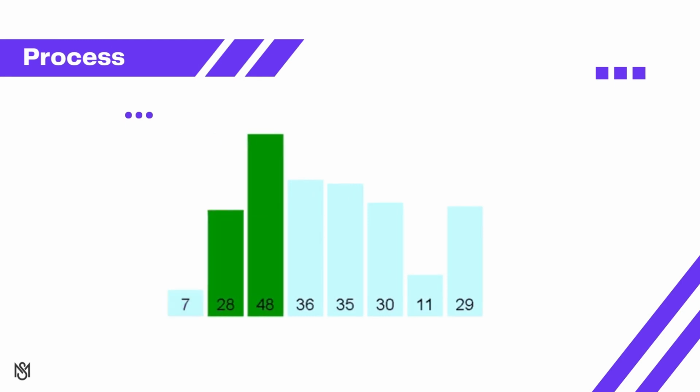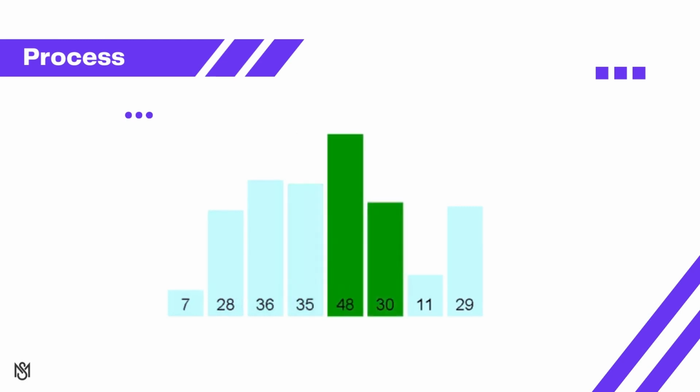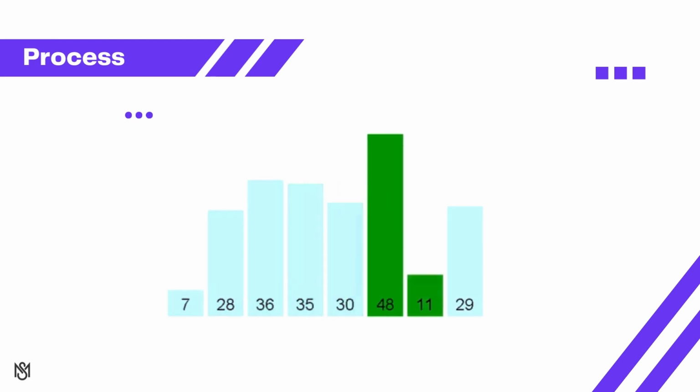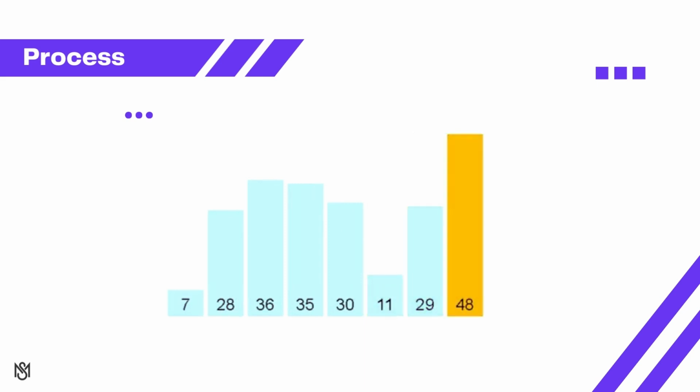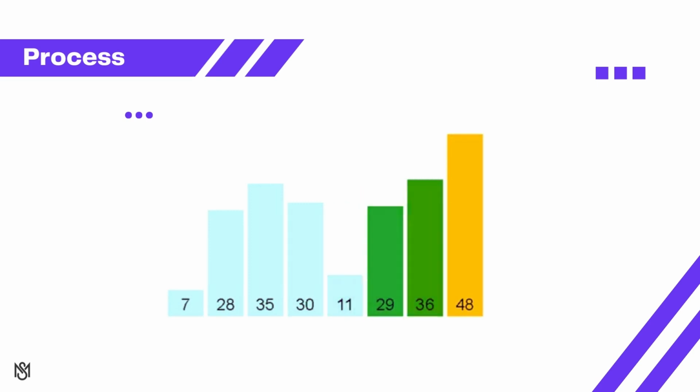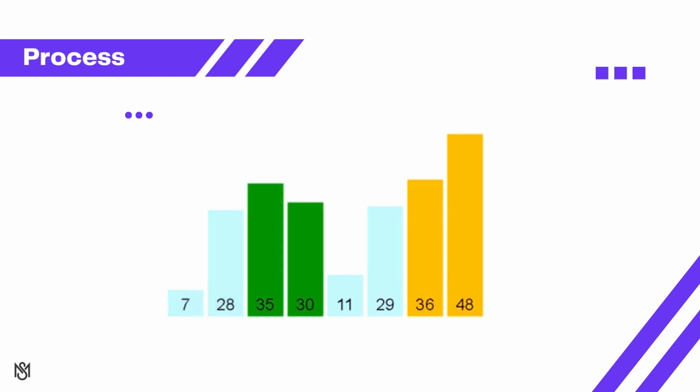So here you can see that the first iteration is going on. We are comparing two adjacent elements and if they are not in a correct order, elements are getting swapped. Now the first iteration is complete and 48 is at its correct position. Now again the second iteration is going on. Comparison is happening, not in a correct order, swapping is taking place. After second iteration, second largest element is at its right position.